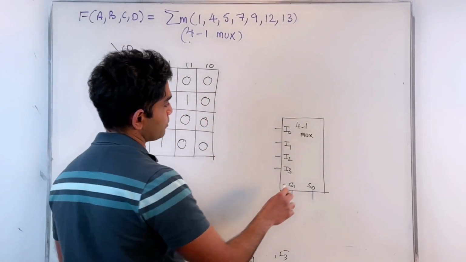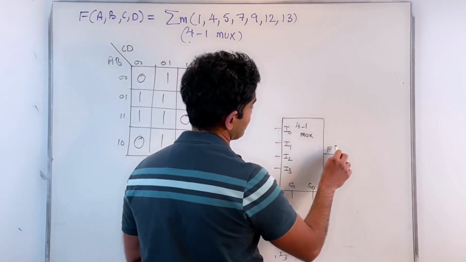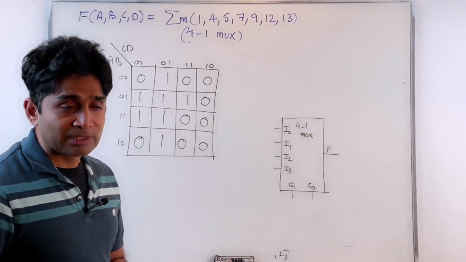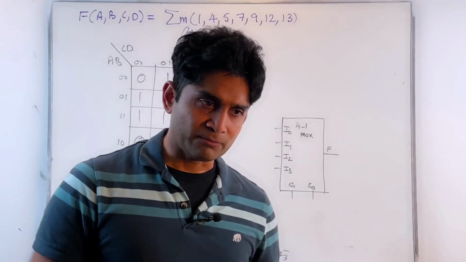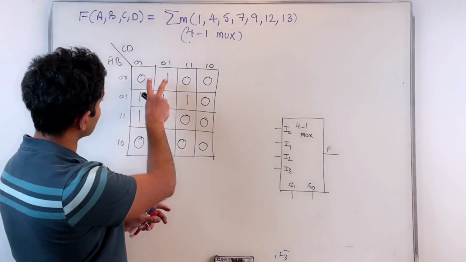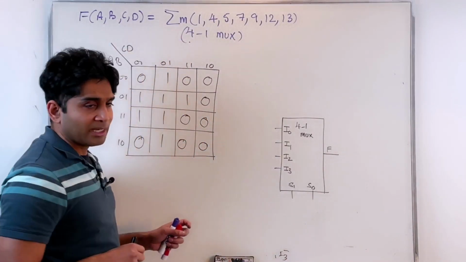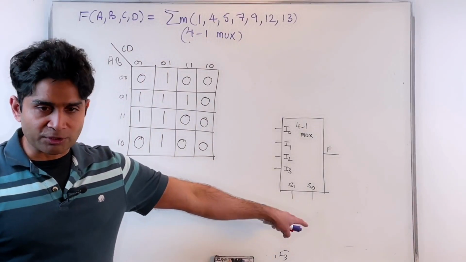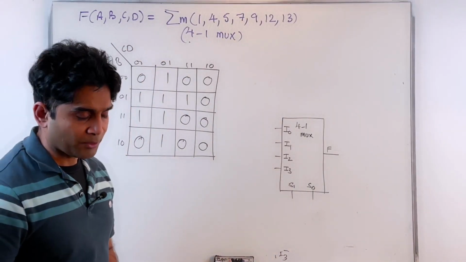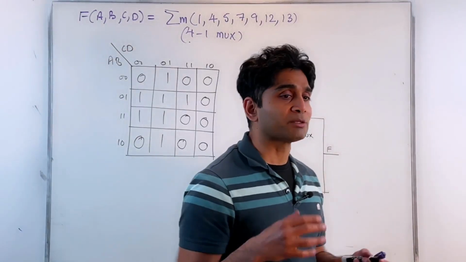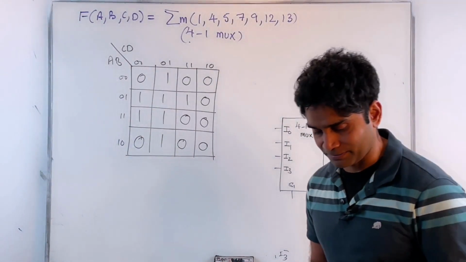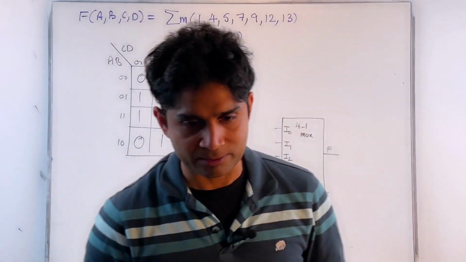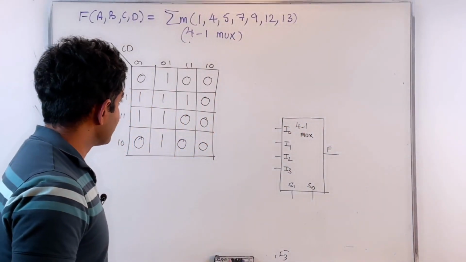And that's the output, F. Similar to what we have done before, we'll choose 2 of the inputs from here and fix them to be applied on S1, S0. The important thing is we need to decide what input should be fixed, because that will determine the complexity of the circuit. Hopefully this case will illustrate that.